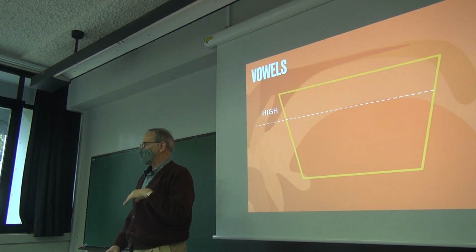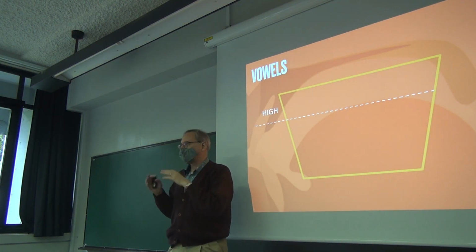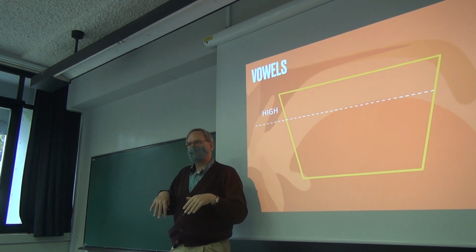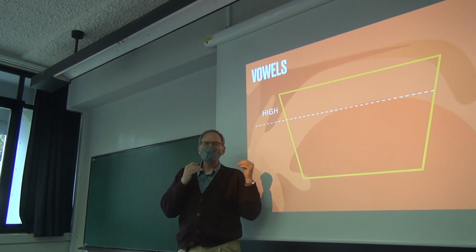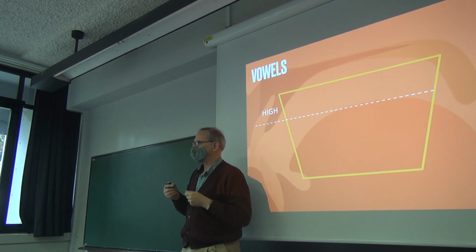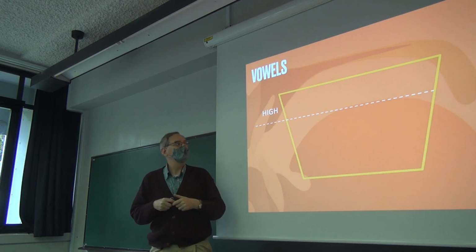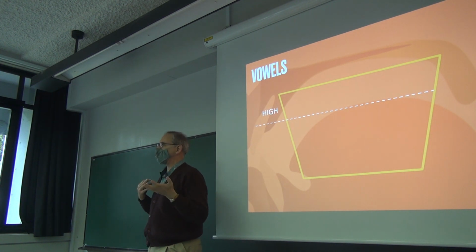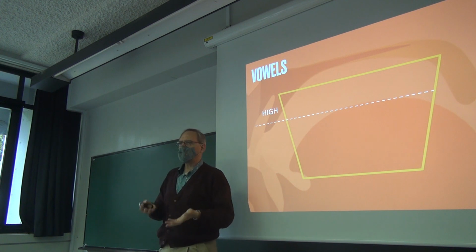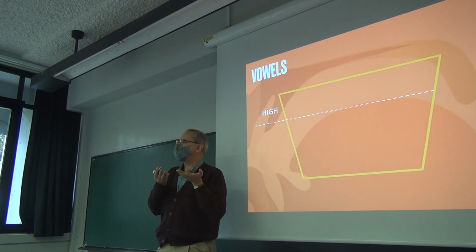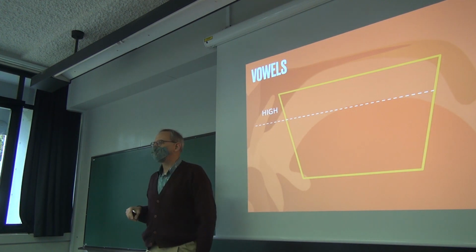Up till now, I used the word close or open. For sonority, we distinguish close from open, but we want to be a little more specific in our description of vowels here. So I'm going to refer to the close vowels in terms of the tongue position. The tongue position is high, which creates a close vowel, so we'll just say high vowel.